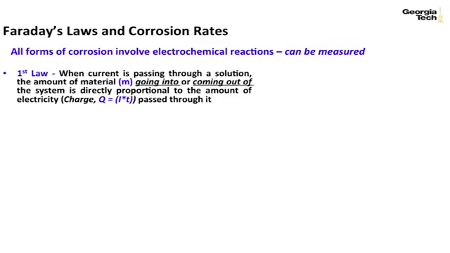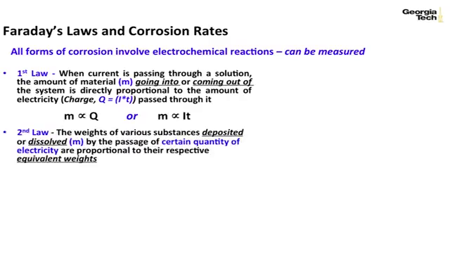Faraday's law relates the amount of metal which is corroding or going into the solution, or in the electroplating case coming out of the solution, to the charge which is passing through a cell. So charge, which is basically current times time, can be related to the mass of material lost in case of corrosion.